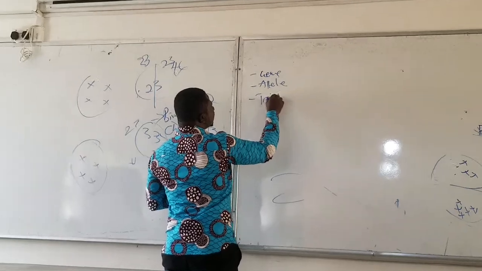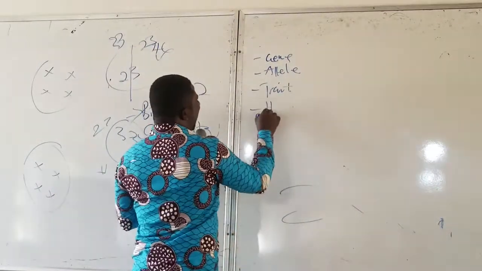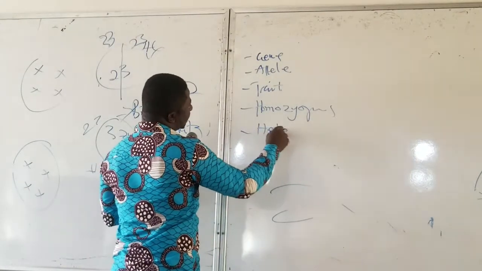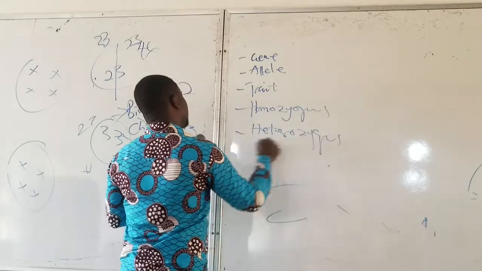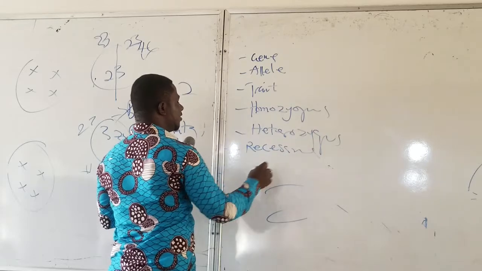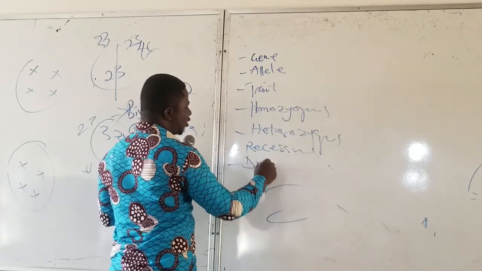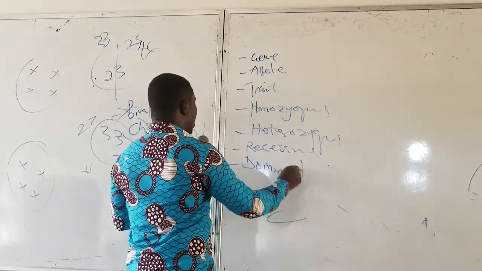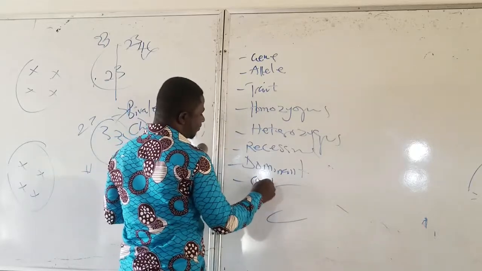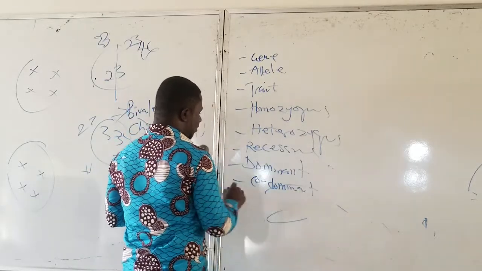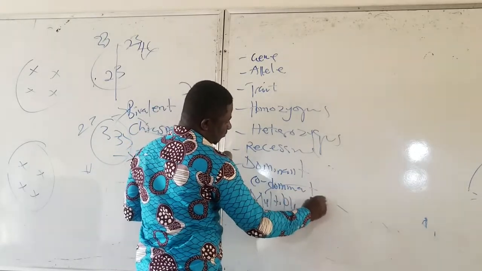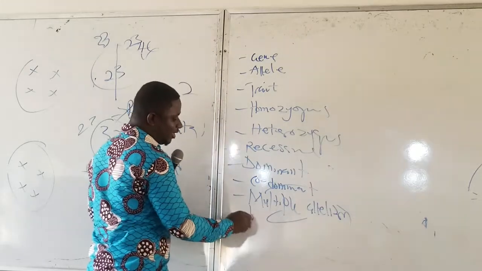Traits. What else? Homozygous. Heterozygous. Recessive. How do you spell recessive? Is it like this? Dominant. At my age, I don't remember a lot of stuff. Dominant. What else? Co-dominant. Multiple allelism. Incomplete dominance.